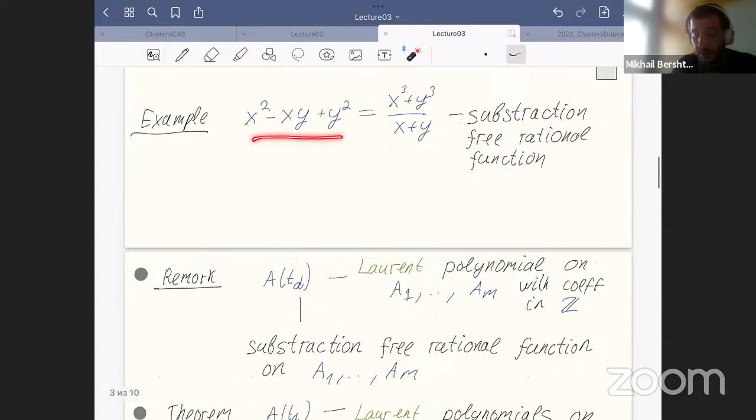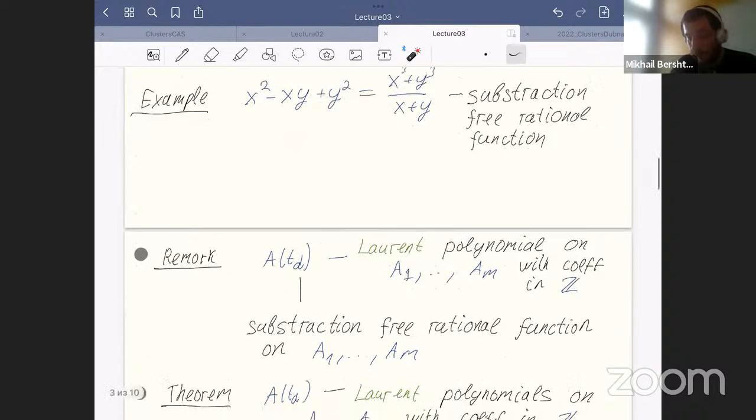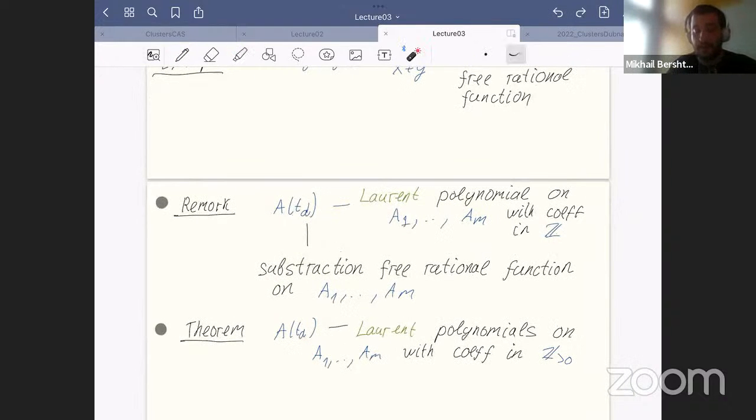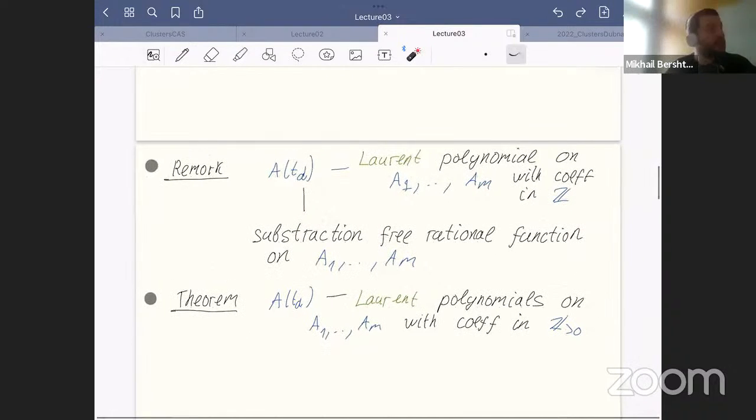The previous example shows that a Laurent polynomial which is a subtraction-free rational function does not necessarily have positive coefficients. So this is not just a consequence of these two statements which we have, but this is true. As far as I know, there is no elementary proof of this fact. The proof involves some categorification, but I'm not going to discuss it today and probably in the course at all.